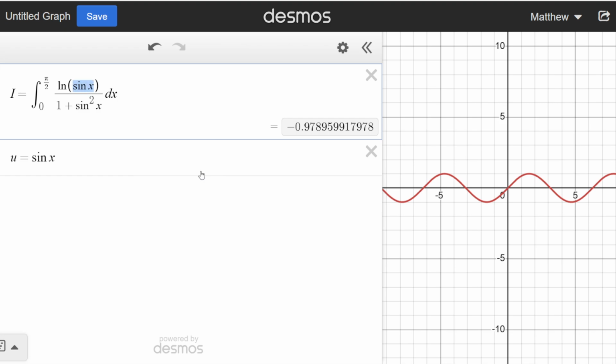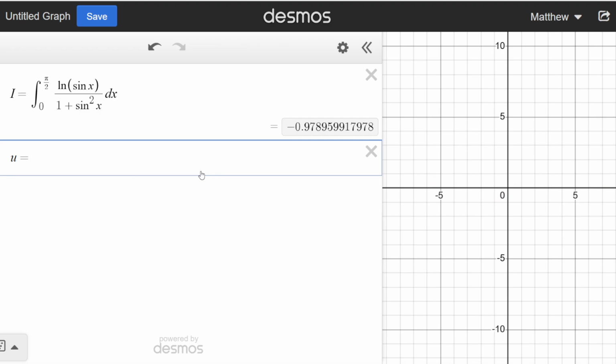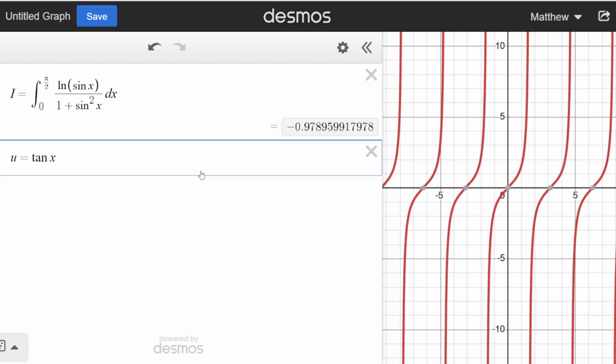We need like a constant plus a function inside our natural log. So to get that, what we're going to do is let u equal tangent x. And you'll see what happens.